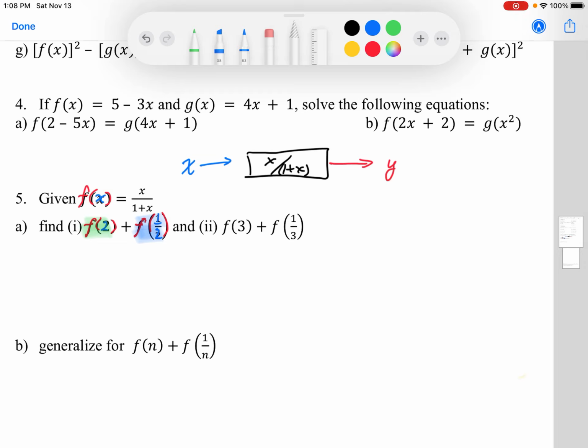So for part A, we have f of 2 plus f of 1/2. The first thing that we need to do is make sure that we recognize the function part of this. Our function is going to be that portion there: the input divided by 1 plus the input.